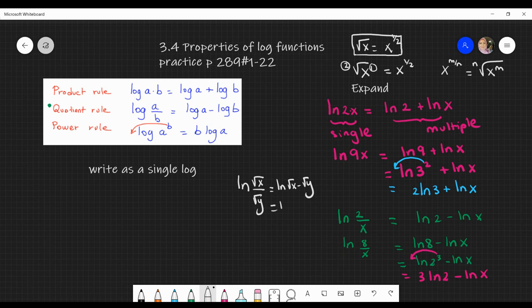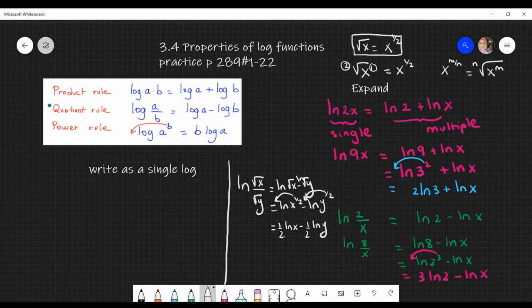So I rewrite the square root of x as x to the power half, and the natural log of square root of y, sorry, I forgot the natural log here, as a power of half. And now I bring the power down, and it will be half ln of x minus half ln of y. And we will have the expression expanded into multiple logs.